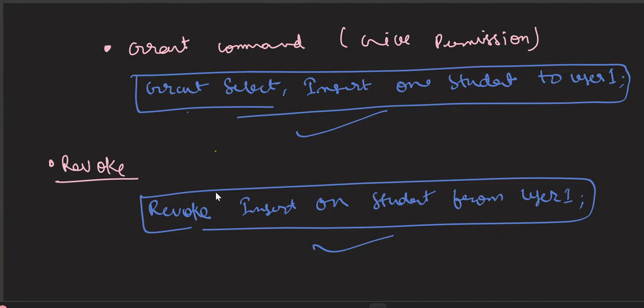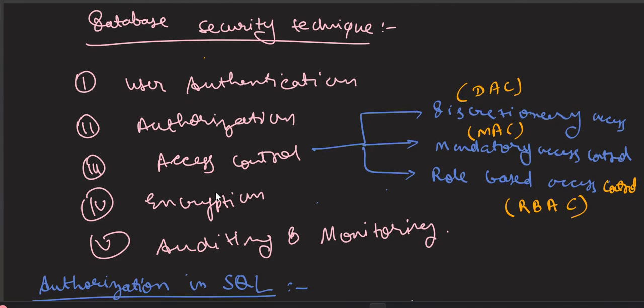Let's summarize what we did today. Database security protects data from unauthorized access, attack, and corruption. Authorization ensures users have only the right level of access. The techniques include authentication, access control, encryption, and auditing.